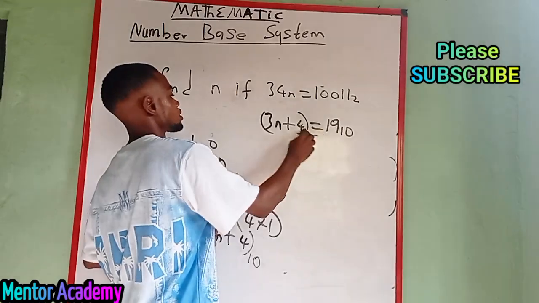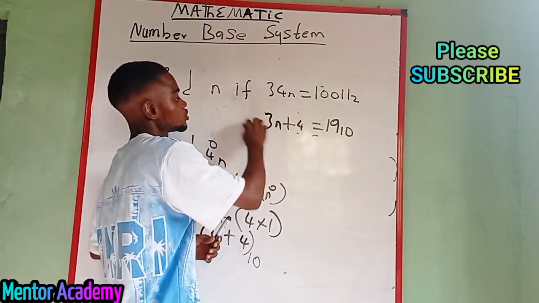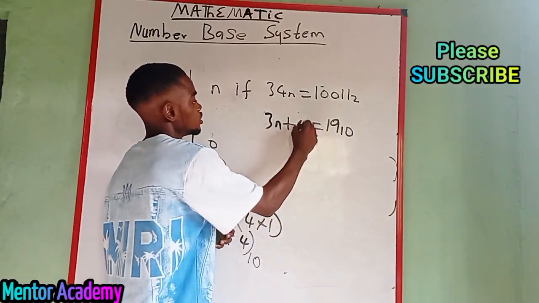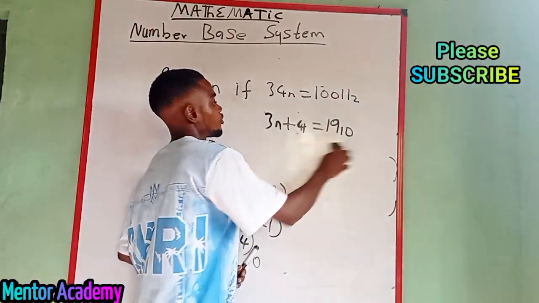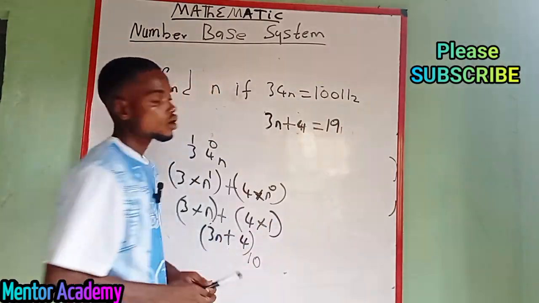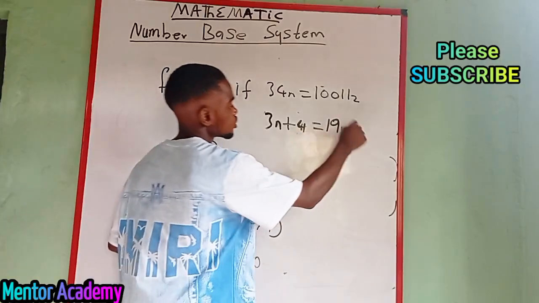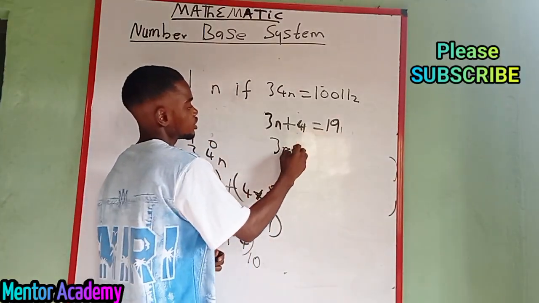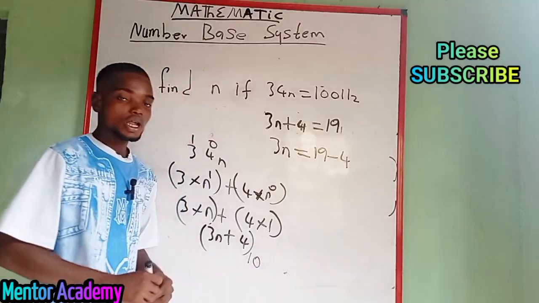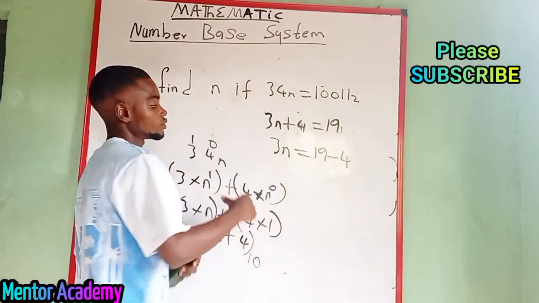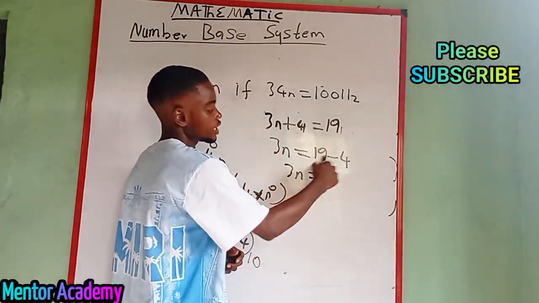So what we need to do here is collect like terms. We can avoid this base here. Collect like terms. 4 is going to cross over. I'm going to have 3n equals 19 minus 4. Remember, I'm looking for n.